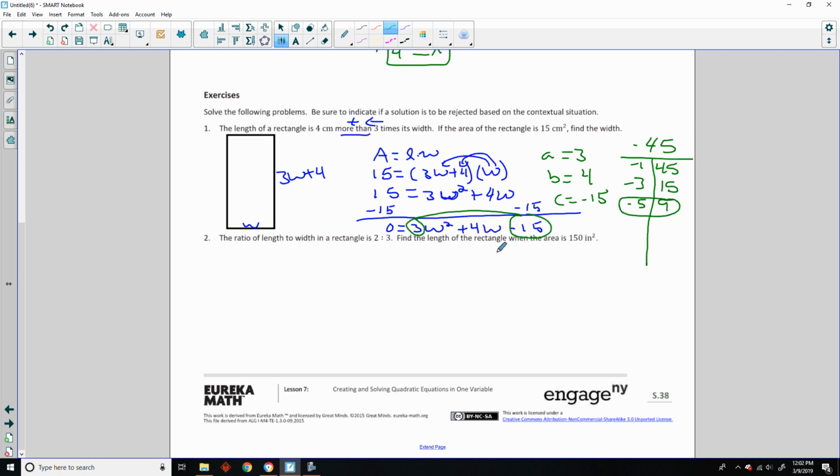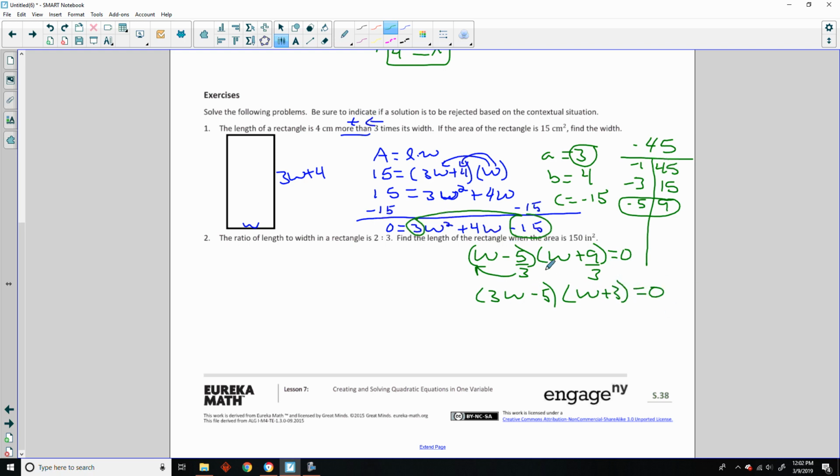So then I have W minus 5 and W plus 9 equals 0. Don't forget that we multiplied by A, so we need to divide by A. If it doesn't divide, it goes out in front. So we have 3W minus 5 times W plus 9 divided by 3, which is 3.